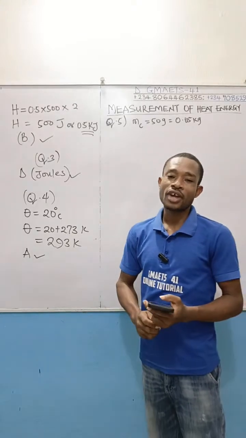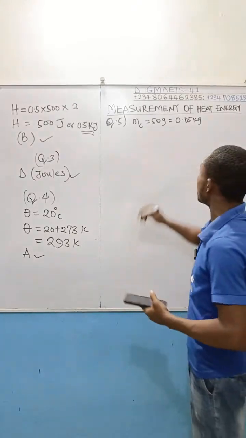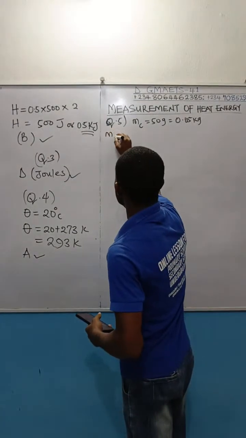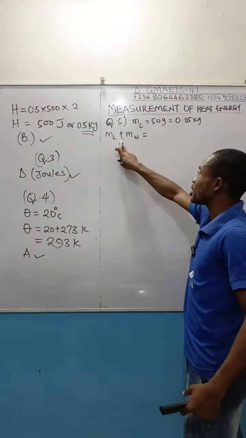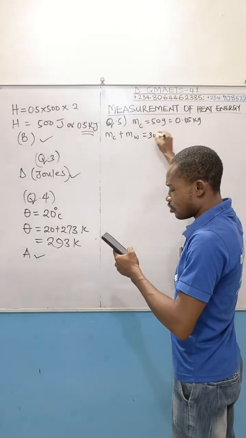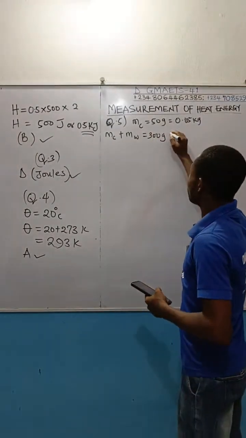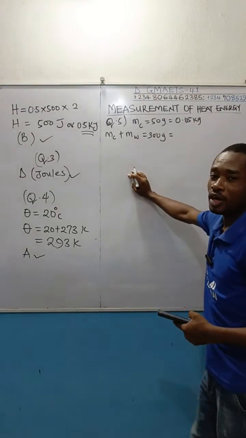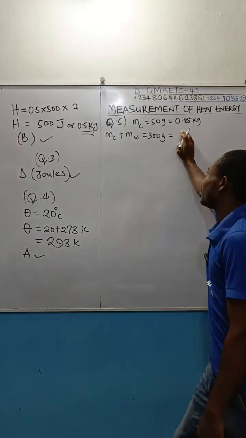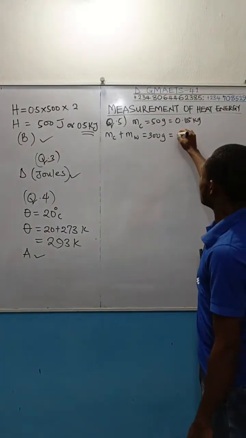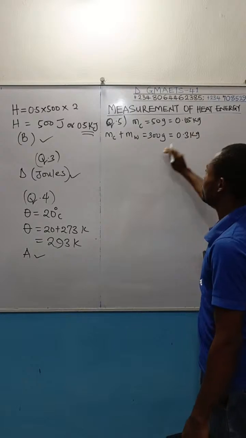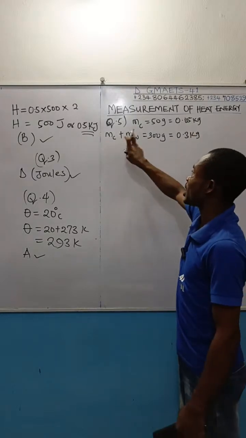So Mc plus M water is 300 gram, which is 0.3 kilogram. This is the total mass of calorimeter and water.